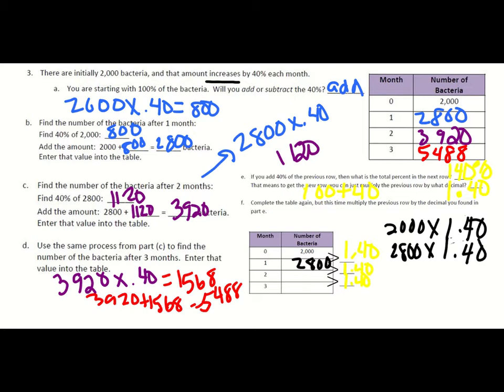Okay. And then 2,800 times 1.40 is going to give me 3,920. And then 3,920 times 1.40 is going to give me 5,488. And you'll notice they match. So they should give you the same thing.